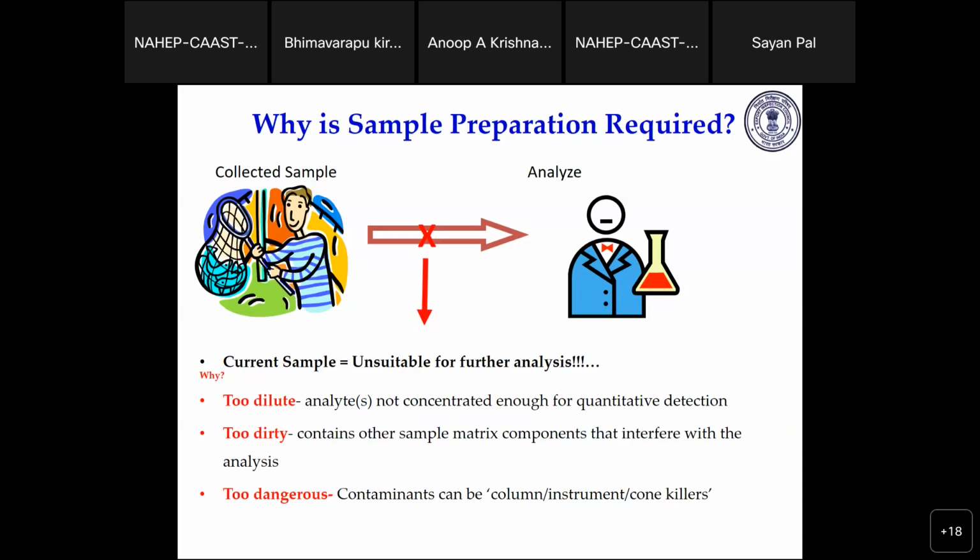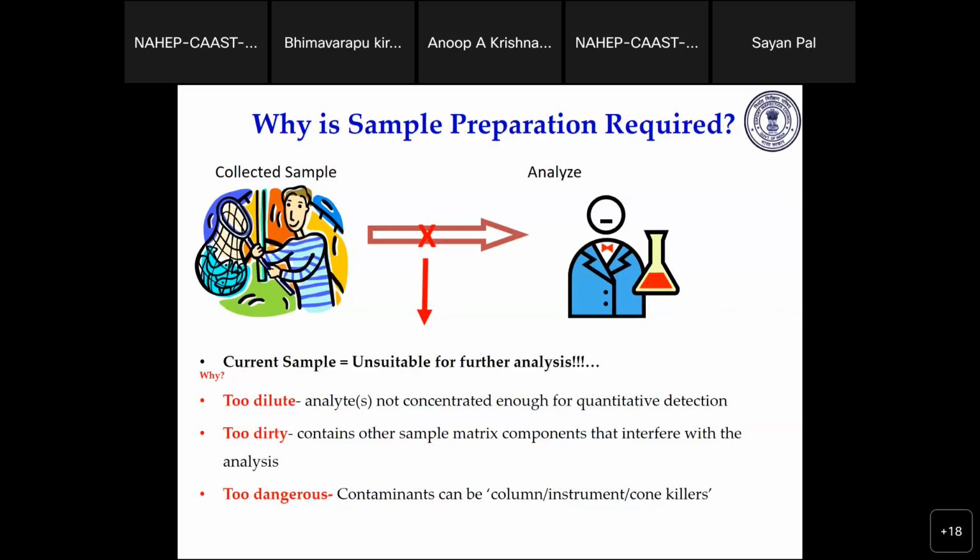The sample can be too dilute. If the sample gets too diluted, what will happen? We may not be able to quantify it, because the sample may have residue, but you may not be able to quantify it. The sample can be too dirty, in the sense of organic. A lot of organic matrices will be there, a lot of interferences can be there, due to which we can't target the actual analyte.